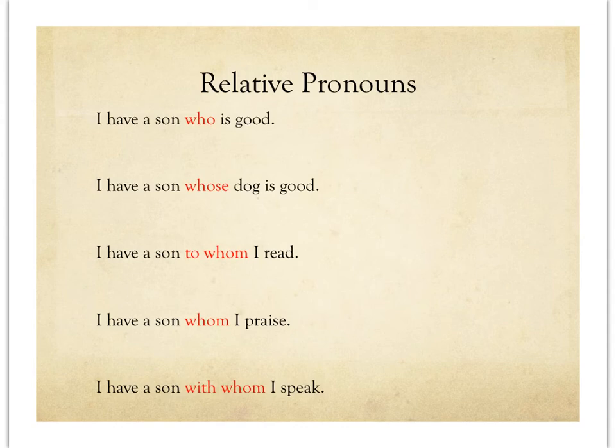So we use relative pronouns all the time in English, and we don't really think about them probably, and we certainly don't think about what they are or what they're doing. But these are words that typically are who words, or if it's in the neuter in Latin, they would be which.